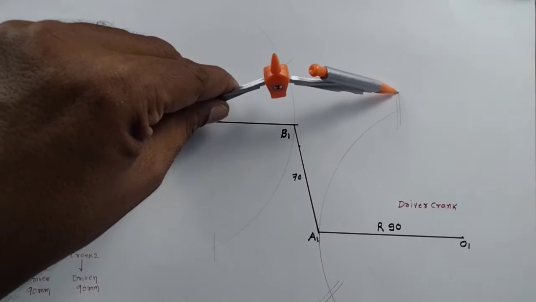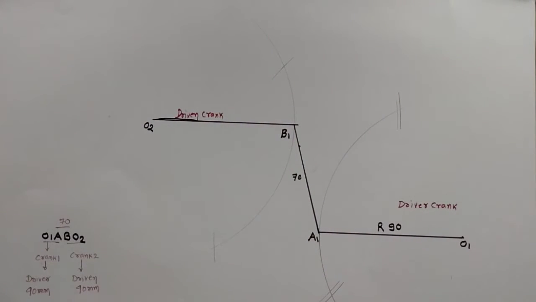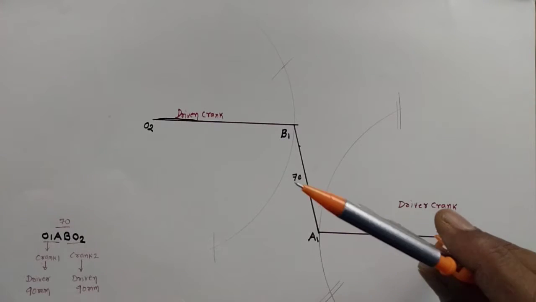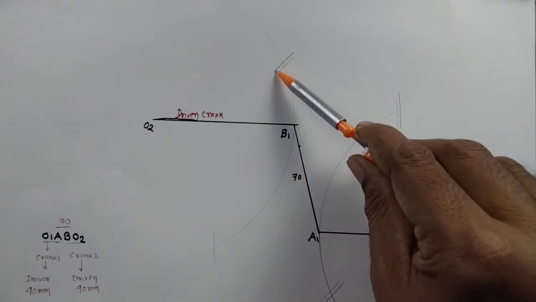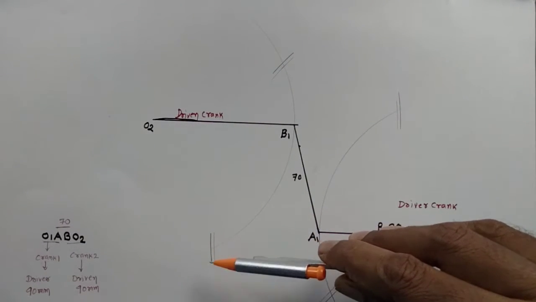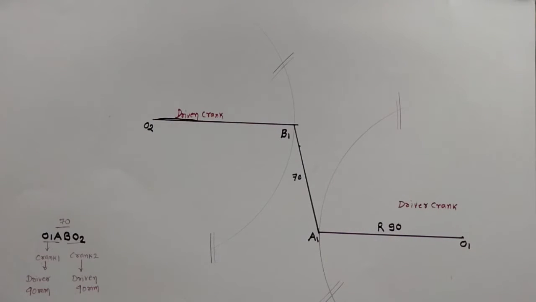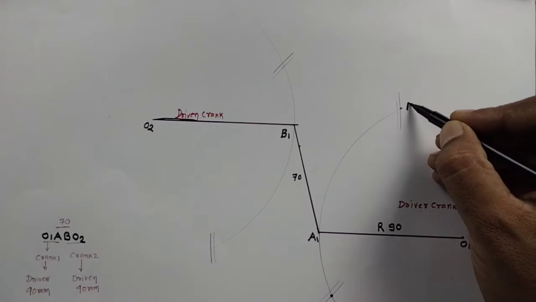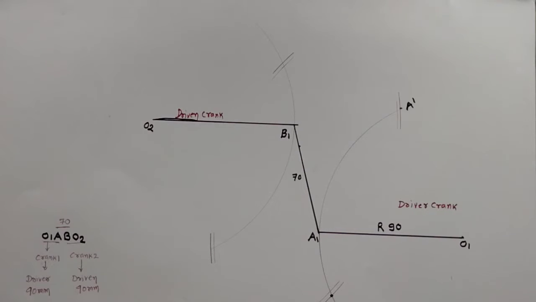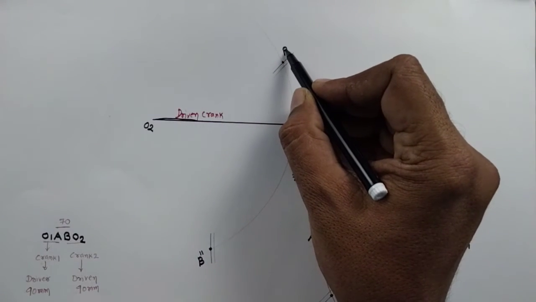Now I draw the arc on both sides. Similarly I kept the O1 as a center, same total length radius. I draw the arc on both sides where I show the extreme position. The mechanism can go up to this level, that shows as A double dash. Similarly you can represent here your B double dash and B dash.